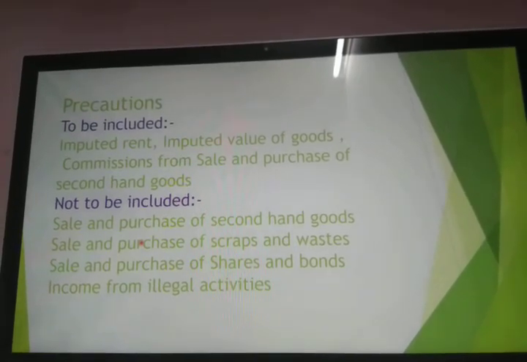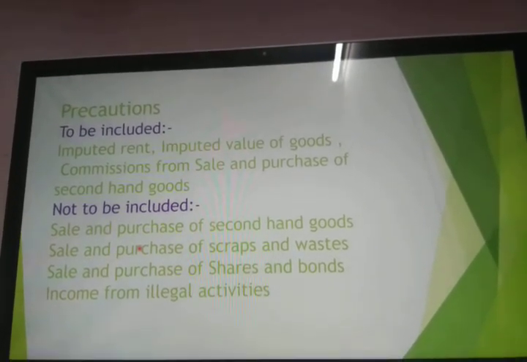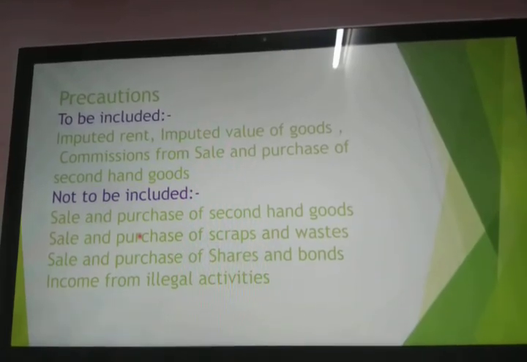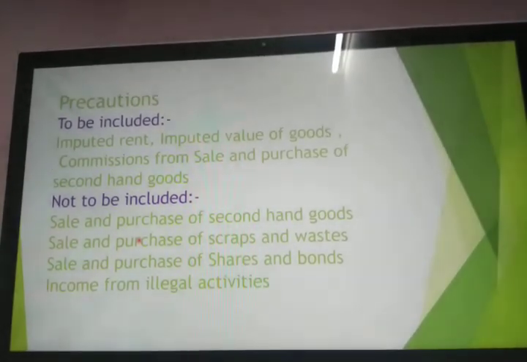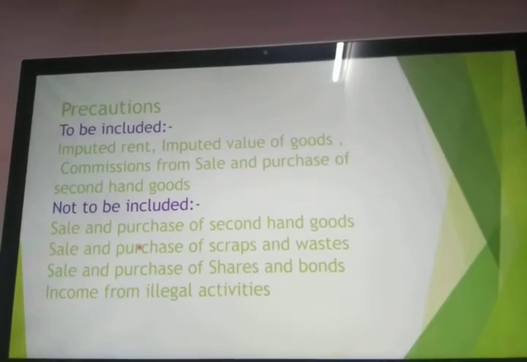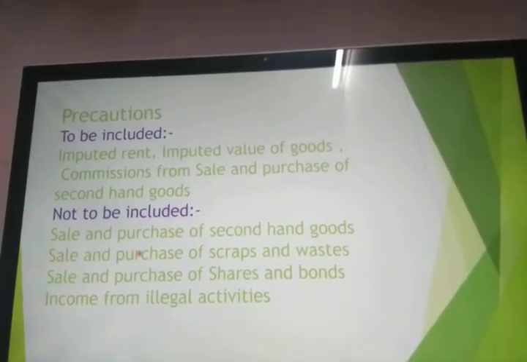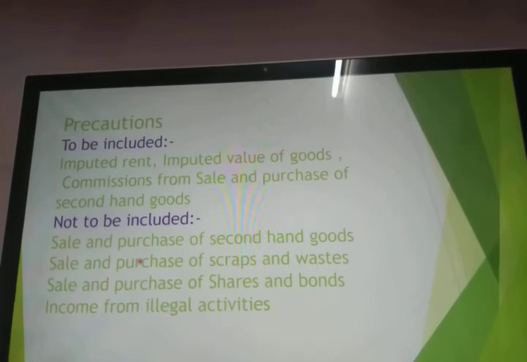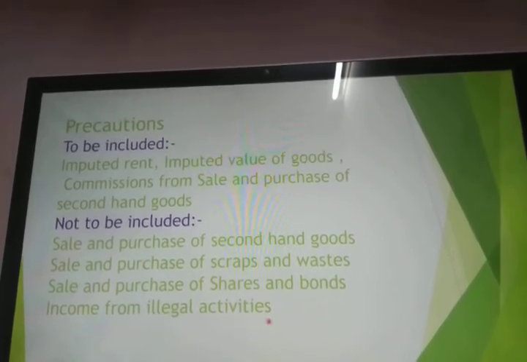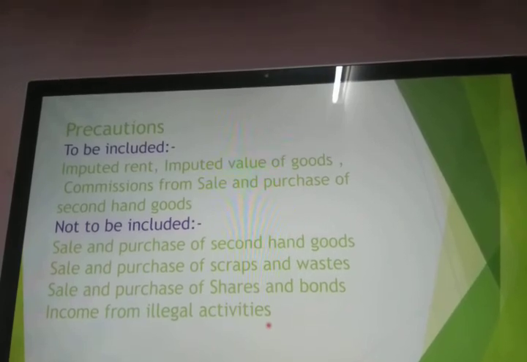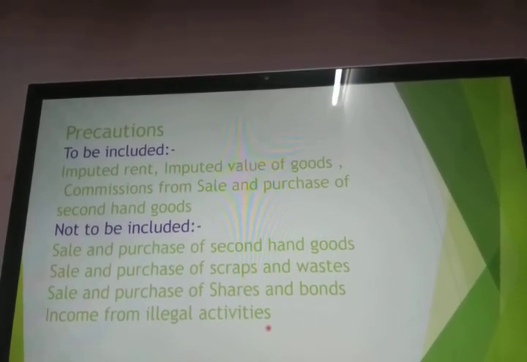And shares are financial capital, as against physical capital. So if we consider it again, it will lead to double counting. So we will not include that as well. Last but not the least, income from illegal activities will not be included here. So these are the precautions we need to take care of while estimating national income.